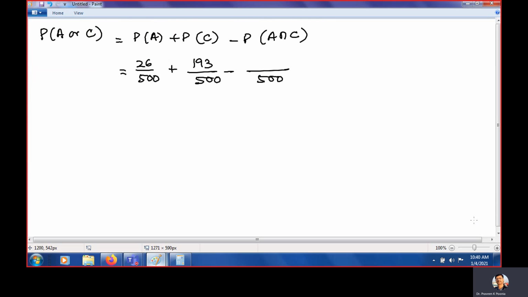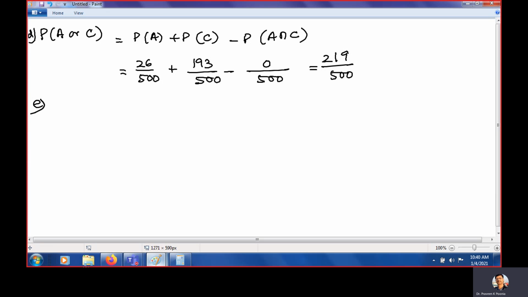So it will be 0 upon 500. So what is the solution? 6 plus 3, 9. 9 and 2, 11. So 219 upon 500. A or C. This was question number D.